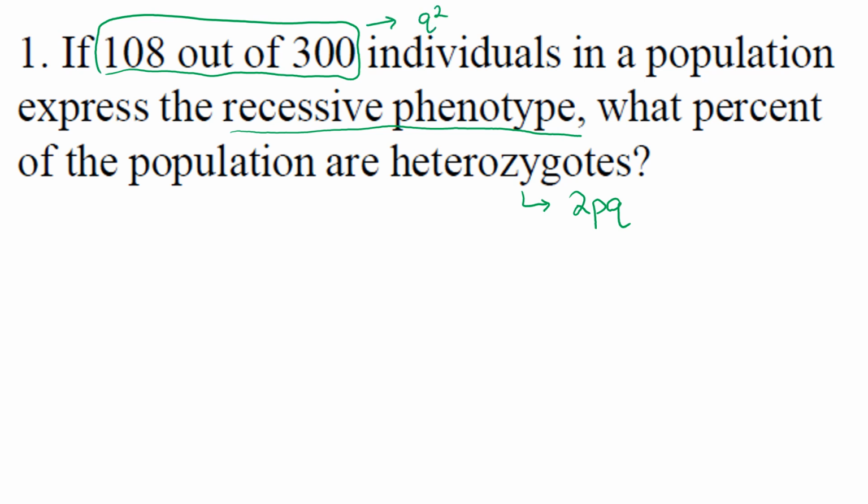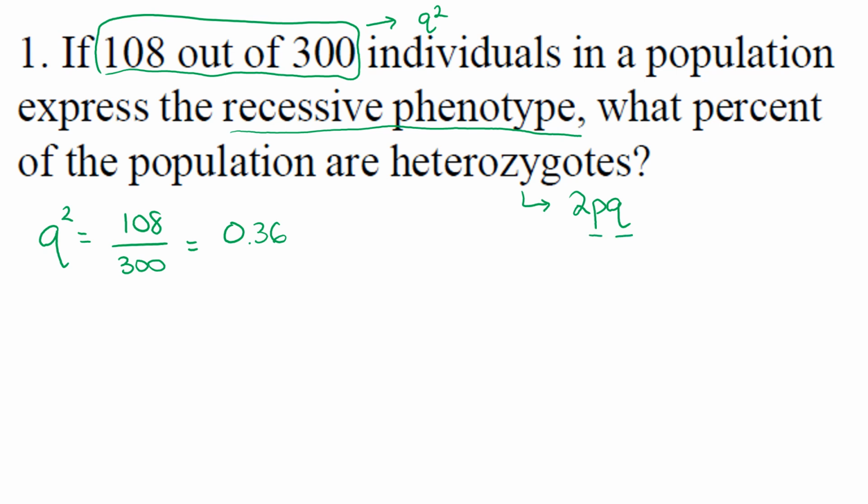You got it right. So let's get started and solve this. We have q squared equals 108 over 300. And now I'm going to use my calculator to get that number. So we have 0.36. So what variables am I missing for my final equation? I'm missing p and I'm missing q.